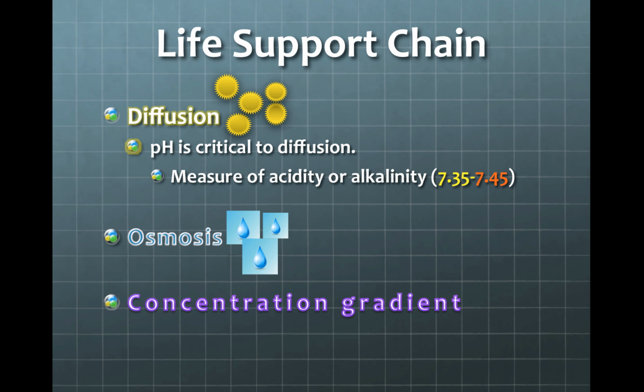Those particles of food coloring left alone will eventually color all of the water. And even if there's a permeable membrane, if the permeations or holes in the membrane are large enough to allow the little molecules of food coloring, eventually it'll still equalize on both sides of the membrane.